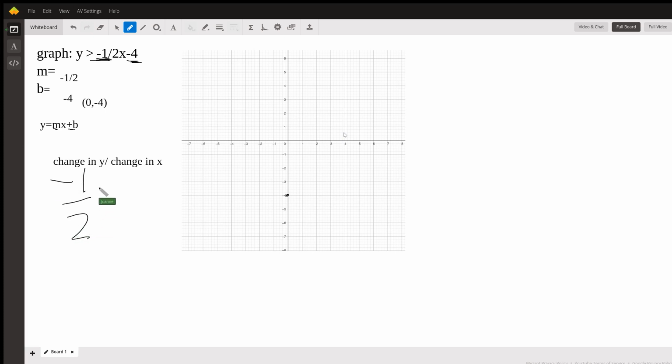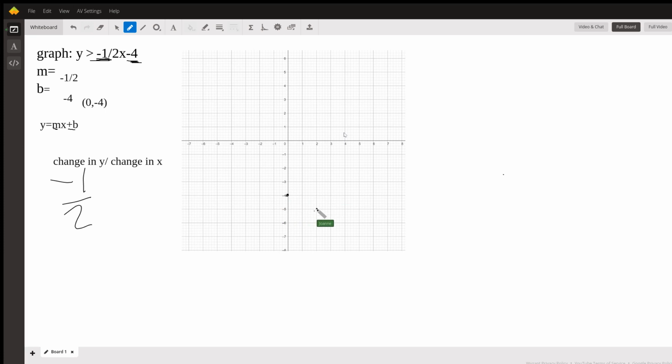So I'm going to go negative 1 in the y and positive 2 in the x from the y-intercept. So down 1 over 2 means there's a spot right here.